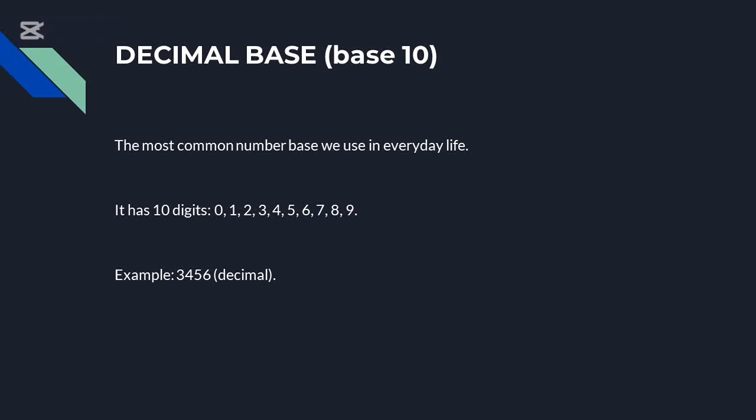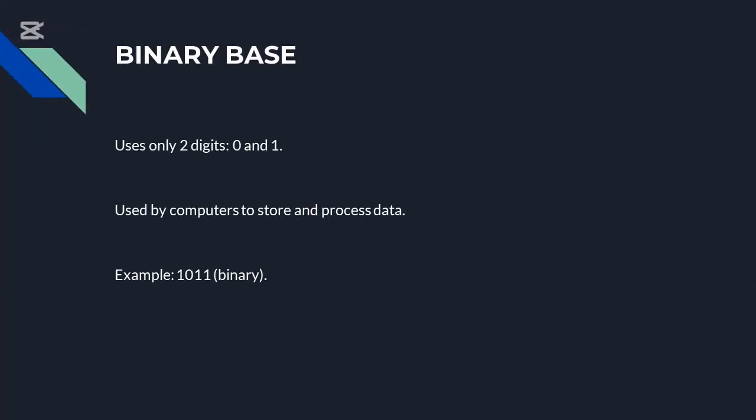So, binary base. Binary base usually uses only 2 digits, that is 0 and 1. So take note of the maximum digit in base 2. How do you calculate it? Base 2 minus 1 to give us the maximum digit, which is 1. Base 2, the binary base, is used in computer storage and the processing of data.